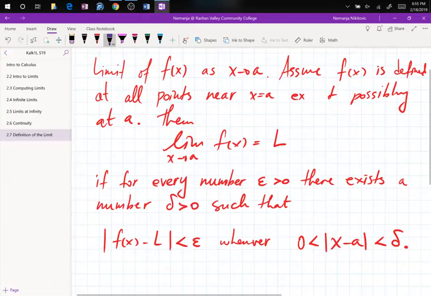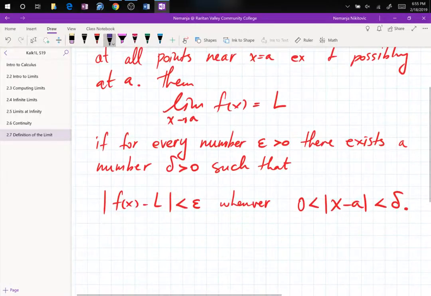First, I will ease your pain with epsilon and delta. Those are letters from the Greek alphabet, just like pi is. So pi is equivalent to our P. Epsilon is E, and delta is D. So those are just letters from the Greek alphabet.